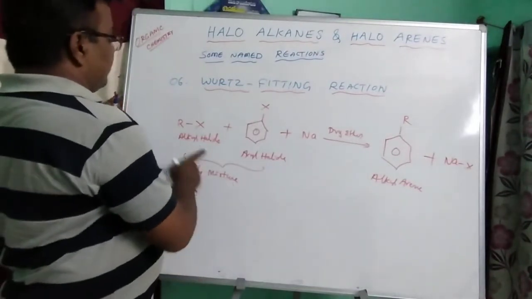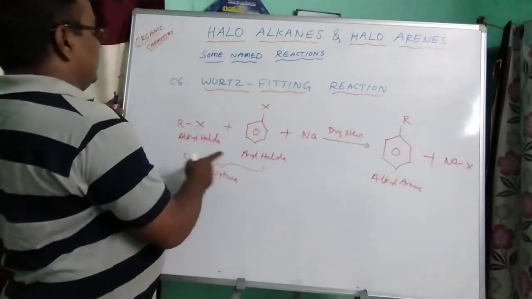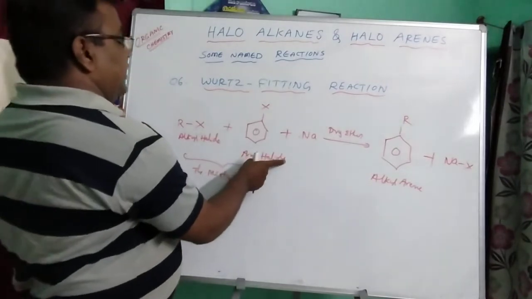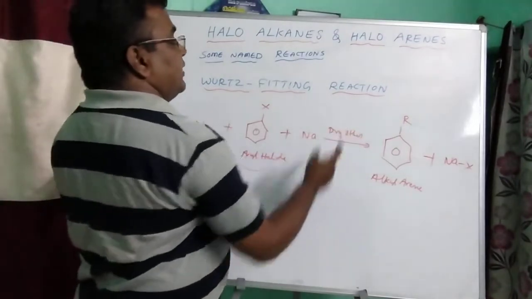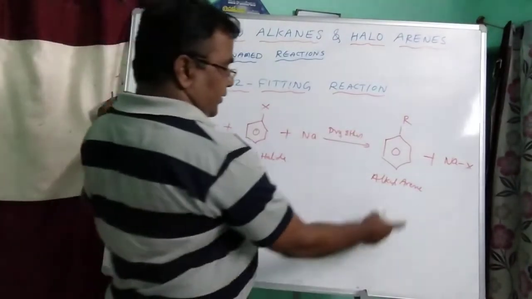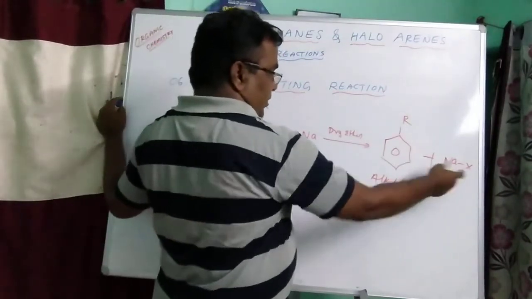So what is Wurtz-Fittig reaction? When the mixture of alkyl halide and aryl halide reacts with sodium metal in presence of dry ether, it gives alkyl arene as main product.